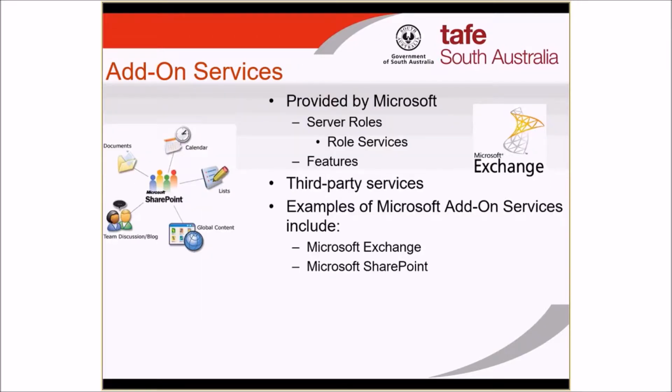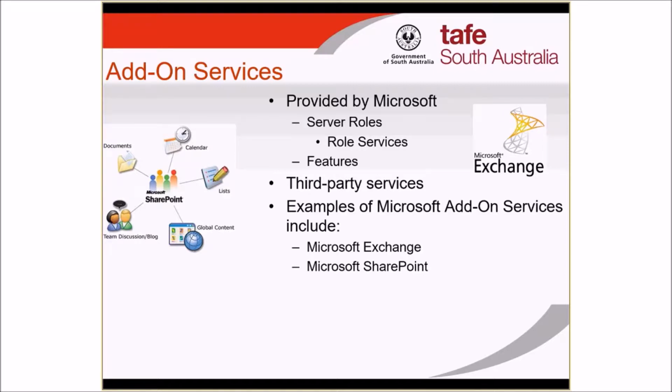Okay, so services. Those are some basic services, and you'll find that all services end up in there. But we all know that services can get pretty complicated. There are a couple of different types of services. There are services provided by Microsoft as part of the Server 2016 operating system.